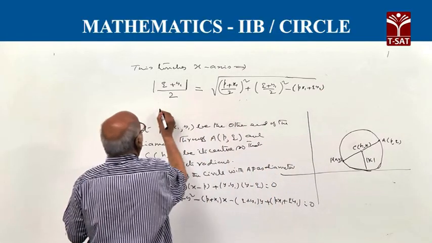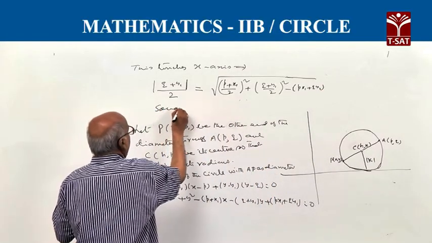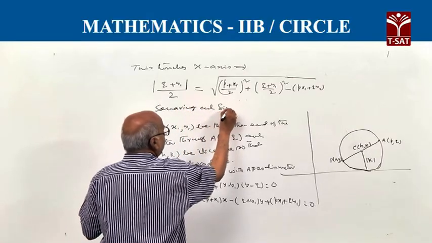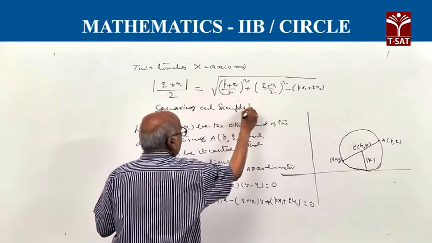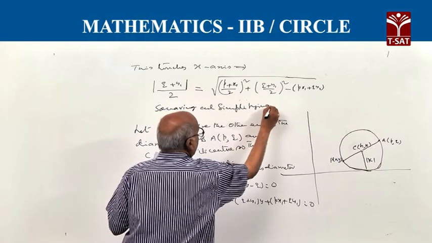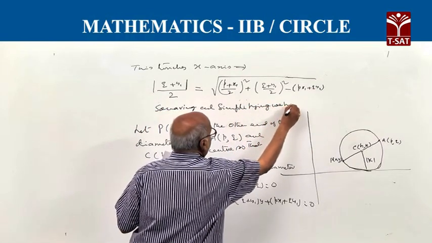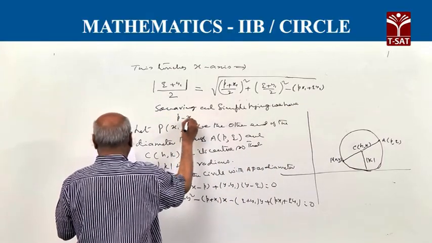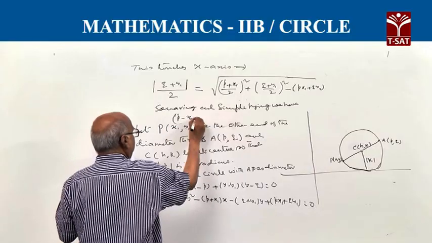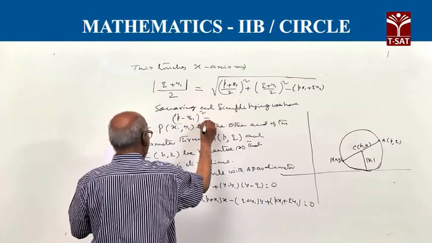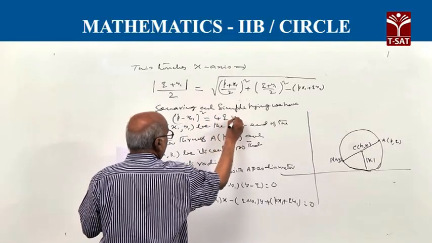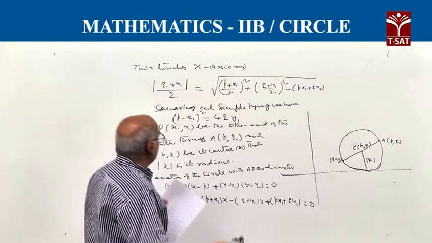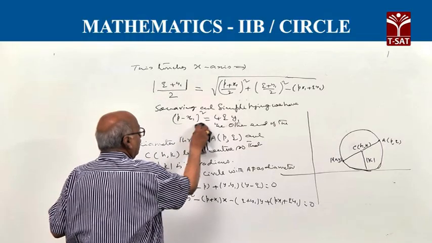Now, after squaring and simplifying, we will have (p minus x1) whole square is equal to 4qy1. So, just square it using the (a plus b) whole square formula.